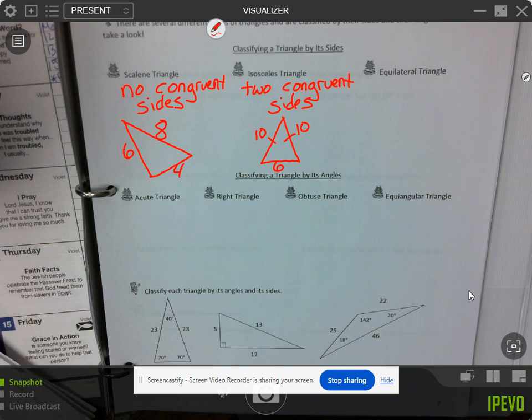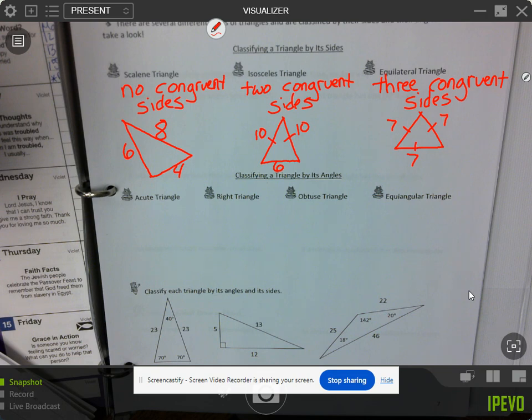Equilateral, Melanie, three congruent sides. So we have all three sides. They all have the same mark on it because they are all congruent. So if this side is 7, this side has to be 7, and that side has to be 7. They are all the same measurement. Nope, these are sides.